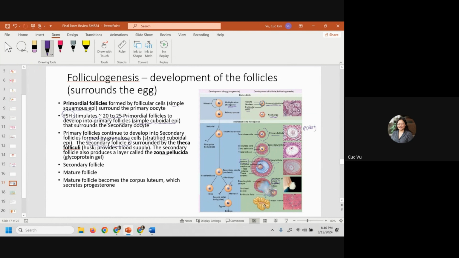Now the corpus luteum has a function because the female body knows that the egg is now expelled and it's either going to be fertilized or not. But either way, each month I'm going to have to prepare in case fertilization occurs. So the corpus luteum releases progesterone. What does progesterone do?